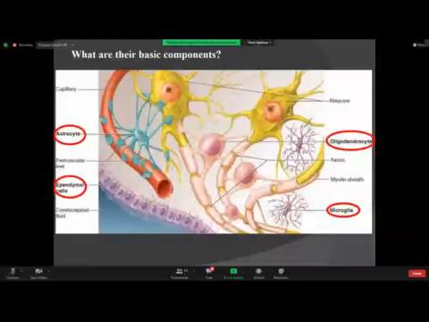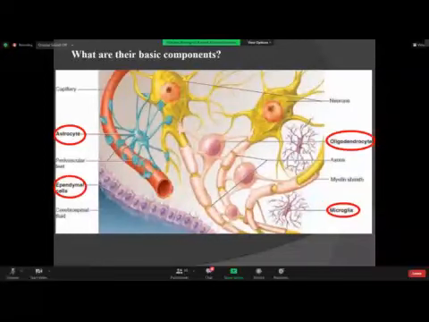The nervous system is basically a combination of neurons and their supporting cells, the blood supply that it requires, and its ability to receive stimulus and respond accordingly.